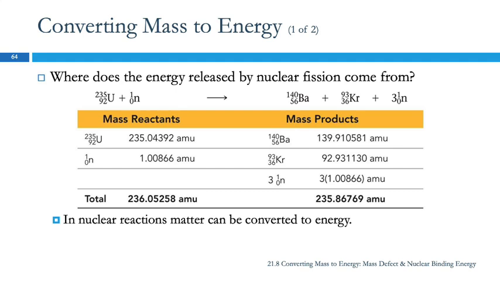Well, let's do the math here. So we got 236.05258 minus 235.86769.